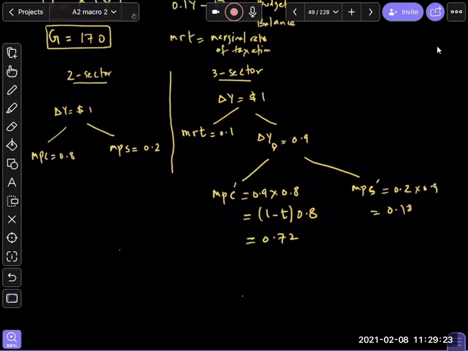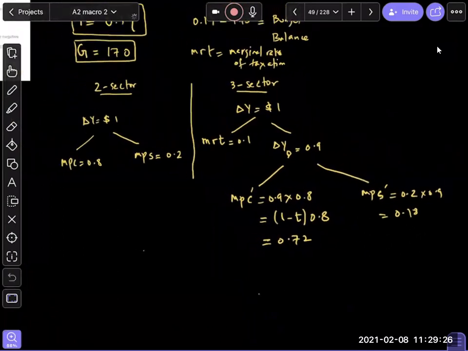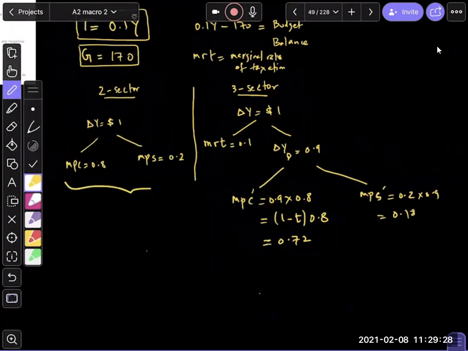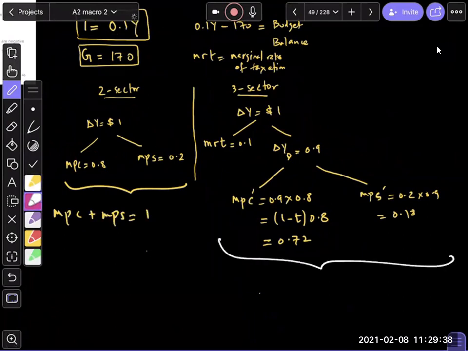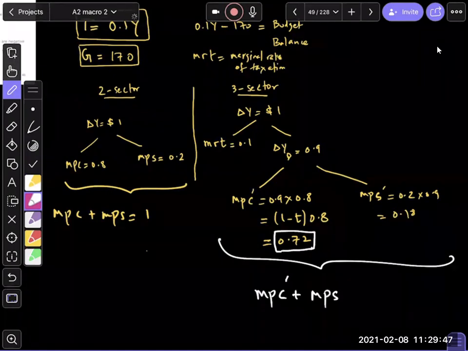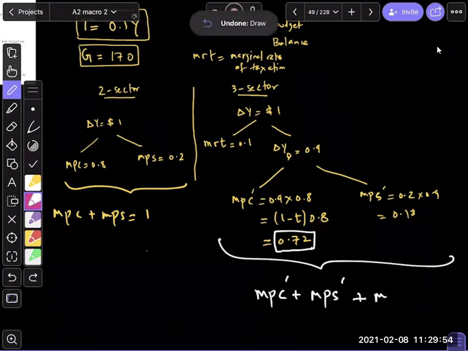Right? Now, guys, in the two sector model, my MPC plus MPS was equal to 1. In the three sector model, my MPC dash plus MPS dash, because this is after tax, plus my MRT, marginal rate of taxation or marginal propensity to tax, should be equal to 1.